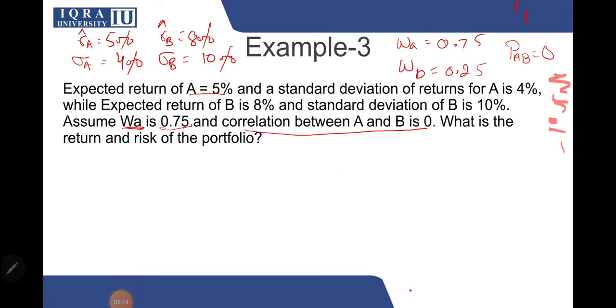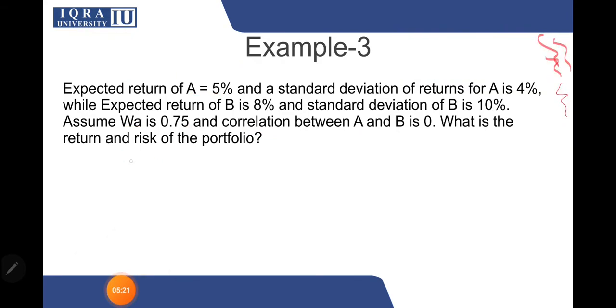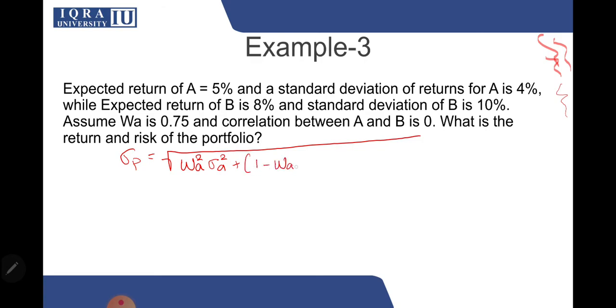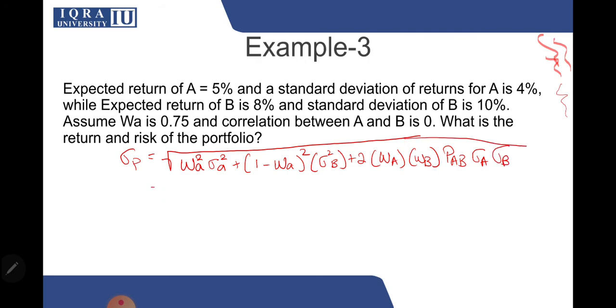Okay, so the standard deviation of the portfolio formula is: WA squared, then the variance of A, then 1 minus WA squared, then the variance of B, then we have plus 2 WA, and I'm just going to write WB, then the correlation between A and B, the standard deviation of A and the standard deviation of B. So this is the whole formula.